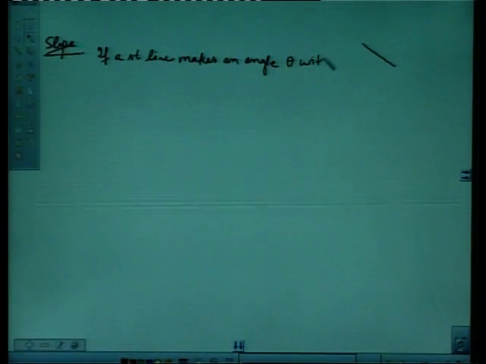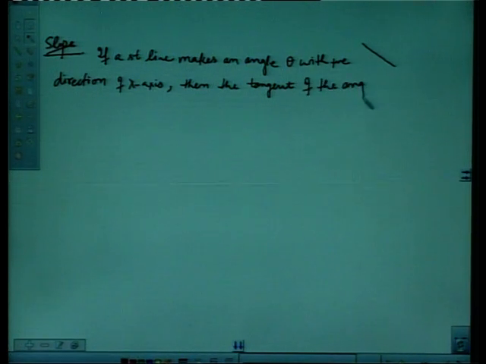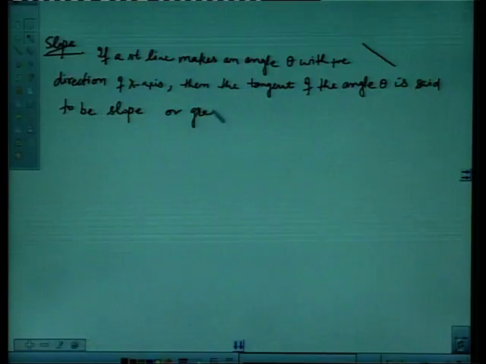If a straight line makes an angle theta with the positive direction of x axis, then the tangent of the angle theta is said to be the slope or gradient of the line.